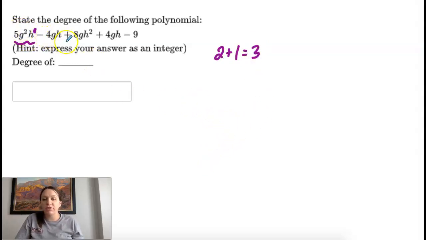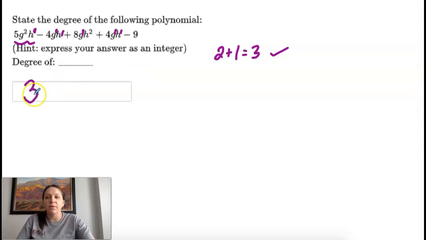And I'm going to go through each term and make sure that nothing adds to be greater than 3. So those degrees add to 2. Oops, right here. So that's not greater than 3. These degrees, 2 plus 1, add to 3, which is what we already have. And these degrees add to 2, which is not. So our greatest degree is 3 on this particular polynomial.